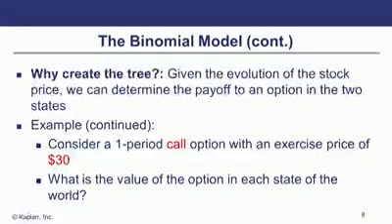We're creating this tree because now we've got the expected share prices 1 year down the road, and so we can potentially value a 1 period call option. And the strike of this call option is $30. So this, in fact, is indeed an at the money call option.